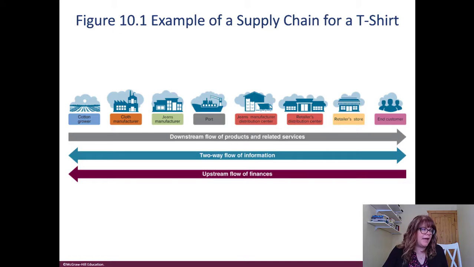Information such as demand for the jeans moves upstream. Information about when the goods will arrive at the stores moves downstream. Finances in the form of payments to the suppliers move back upstream in the supply chain. And then this figure illustrates these three types of supply chain flows.